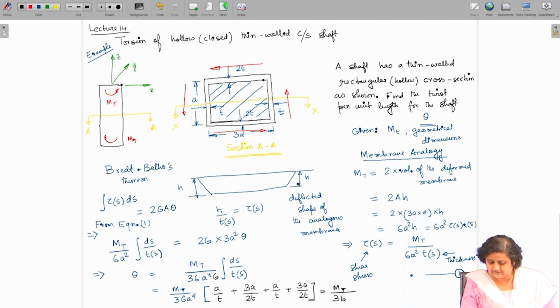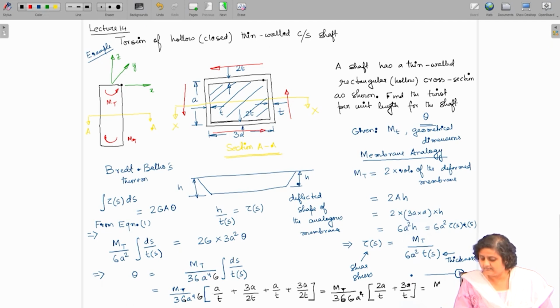So, there will be a g here, this is 36 g a to the power 4, then I have 2a by t plus 3a by t, which is equal to mt into 5a by 36 g a to the power 4 into t. So, a will cancel out, this will become a to the power cube. So, this is what we have.